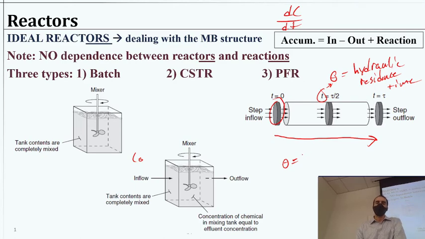This is going to be V over Q, because we need to get terms of time, and if we take volume and divide that by a volume per time unit, then we get our time on top, right? The volumes cancel. So it's very simple. Commit that to memory. You'll be using it all the time.